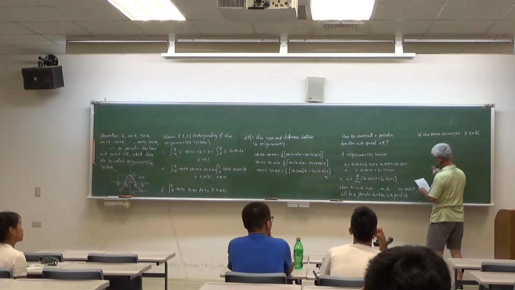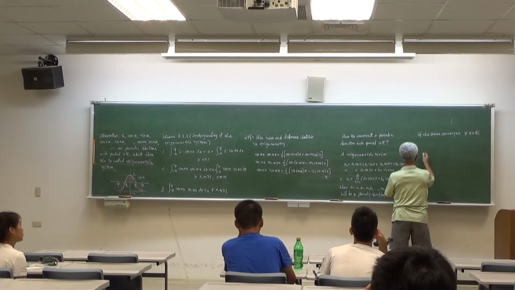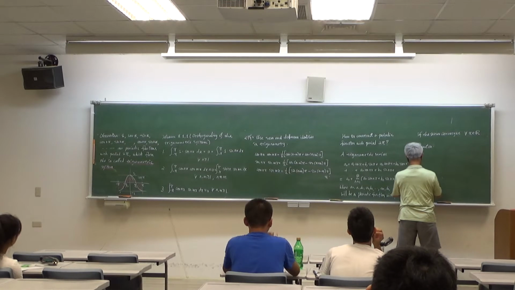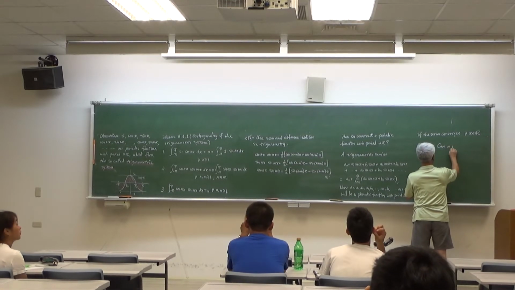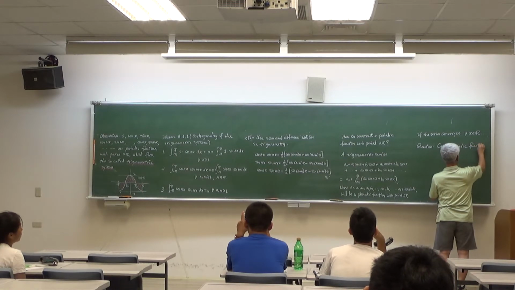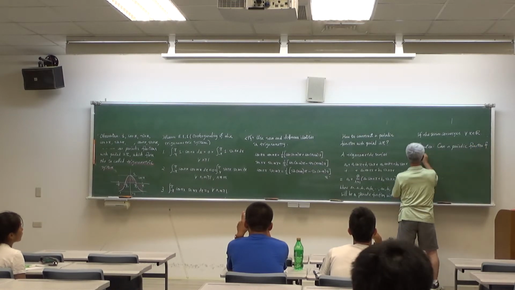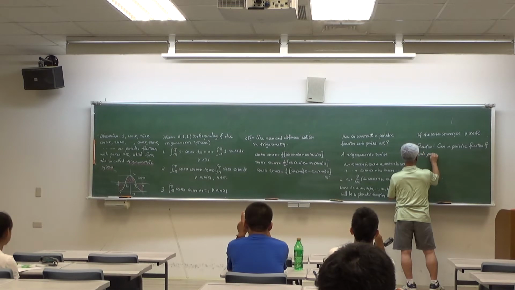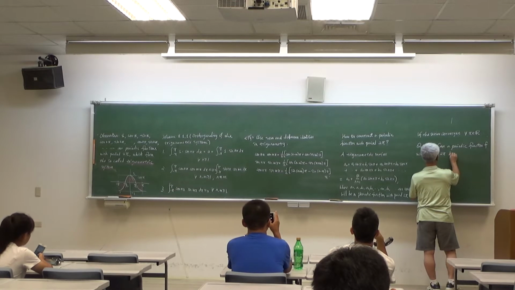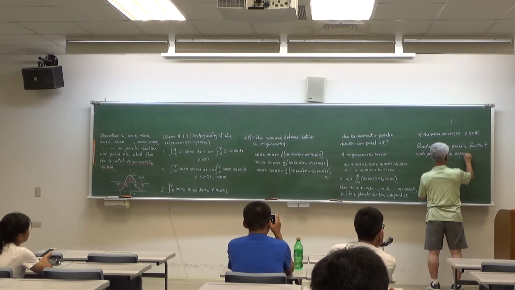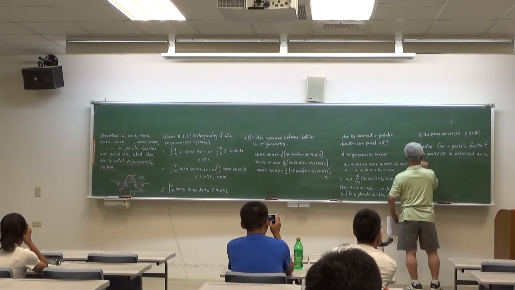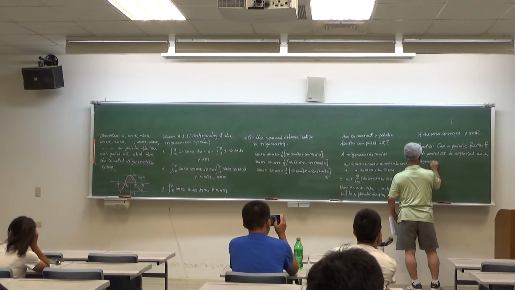So if it's converged, right? But the related question is here: can a periodic function f with period 2π be expressed as a trigonometric series?